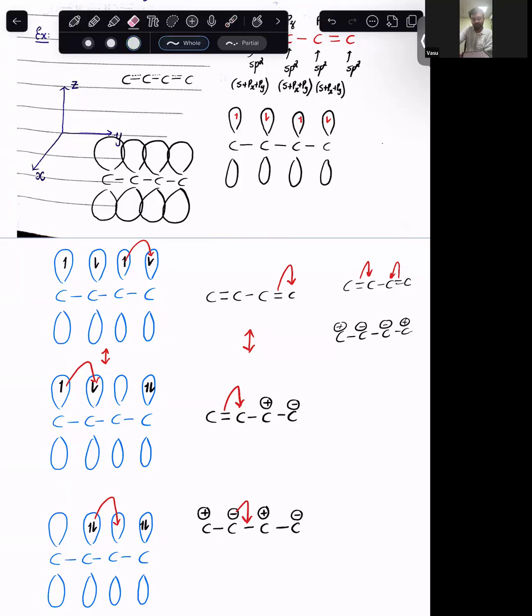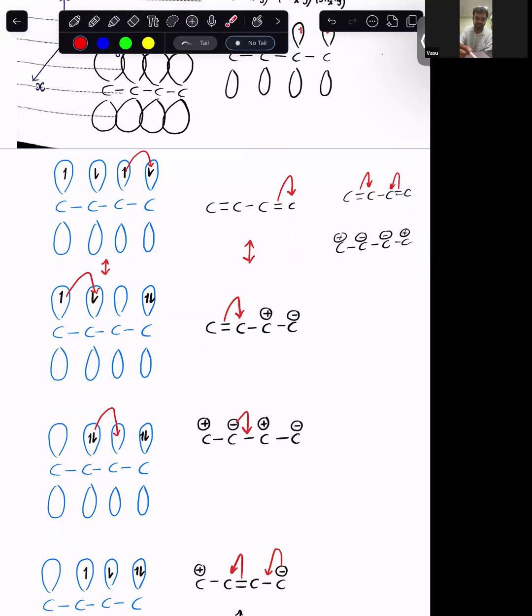We are doing resonance in order to explain the stability of the molecule, right? So why will we take unstable resonating structures and try to explain the stability of the molecule? So the conclusion is you may draw some valid resonating structures without them actually contributing to the resonance hybrid.